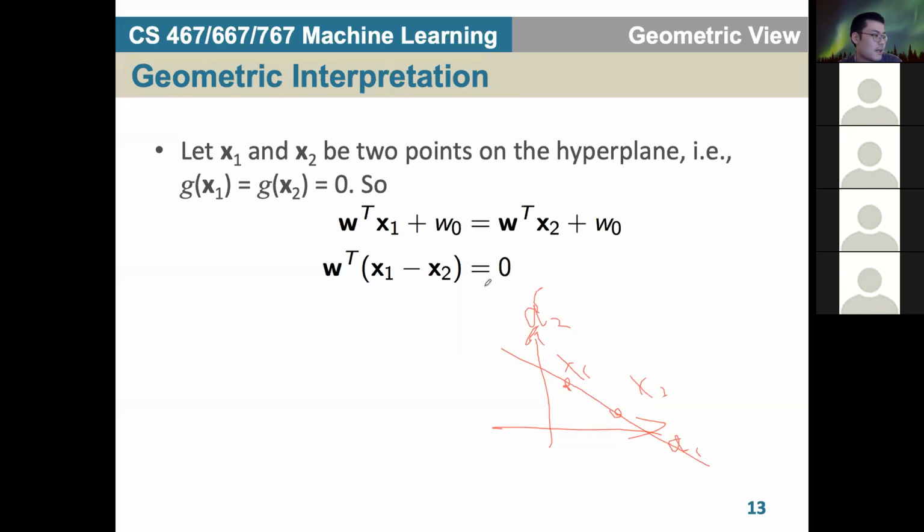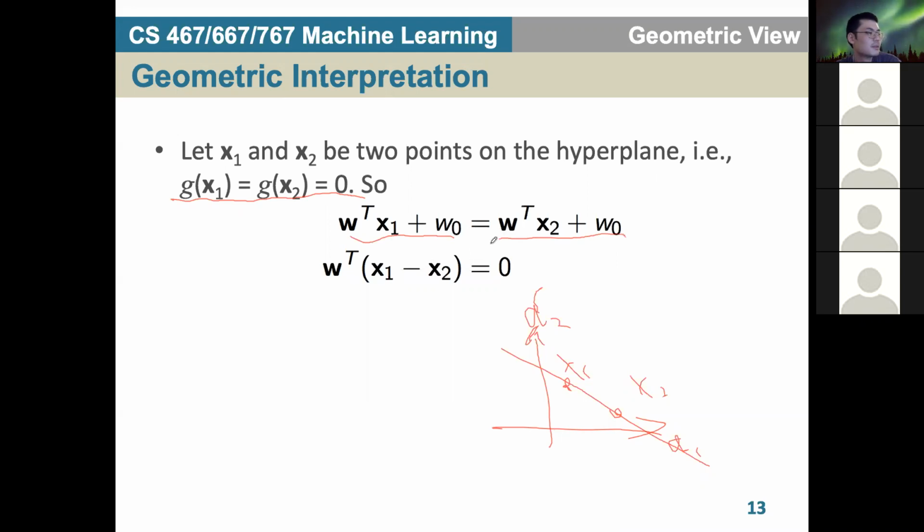If it's on the upper side of the line, it's positive; on the negative side, it's negative; on the line, it's 0. So if it's on the line, this means g1(x) equals g2(x) equals 0.